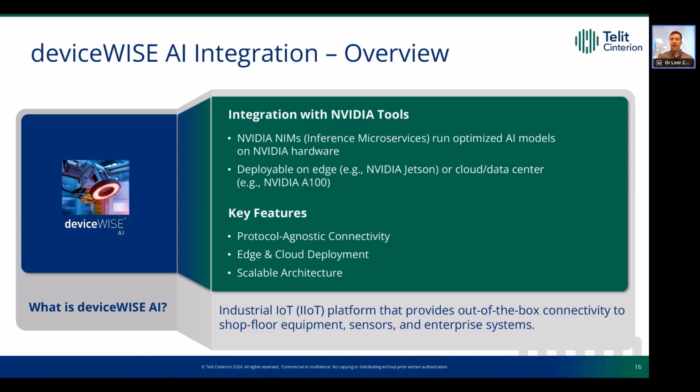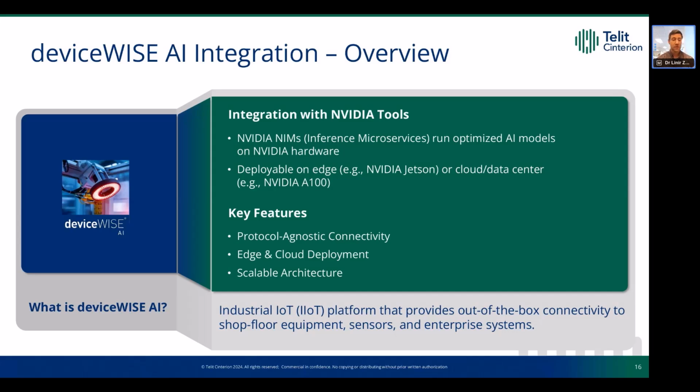So speaking about deviceWISE and deviceWISE AI. deviceWISE AI allows integration of transformers, and we are using a lot of NVIDIA tools. NVIDIA NIMs is kind of the top one that we're using, which is the inferencing microservices. Basically, they allow us to run AI models in a very optimized fashion on some NVIDIA hardware.